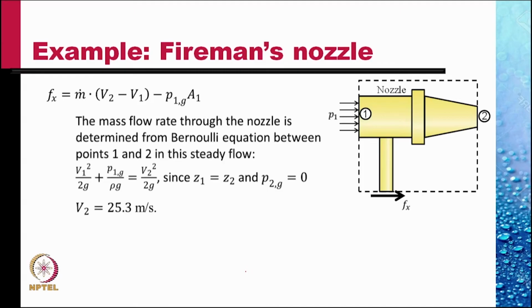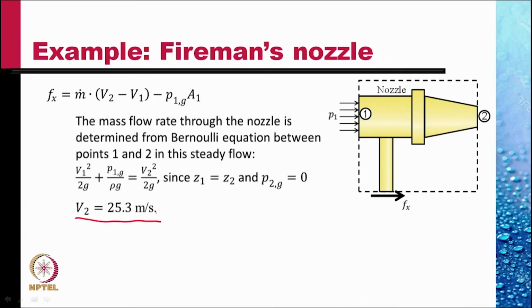Using the value of P1g, which was given as 300 kilopascal, given the value of rho for water, and given the area ratio 1:4, diameter at 1 is twice the diameter at 2, so V1 is 1/4 of V2. Using this information, we get the velocity at the exit to be 25.3 meters per second.